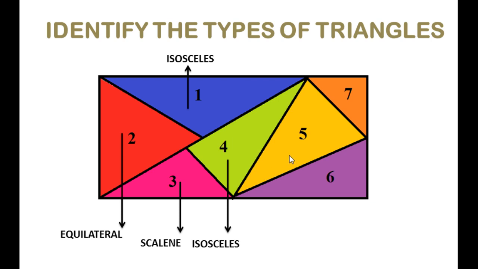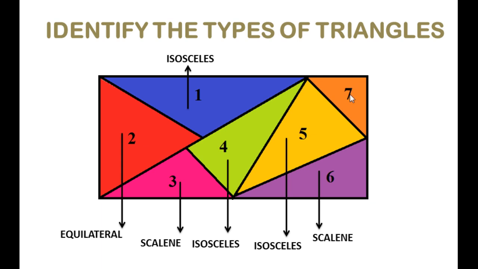Moving on to figure number 5, triangle number 5. This is again an isosceles because this length is equal to this length. So sixth triangle, again this is a scalene and not isosceles, because this length is different from this length and again this length is different.